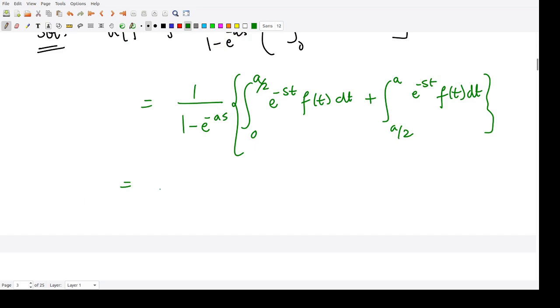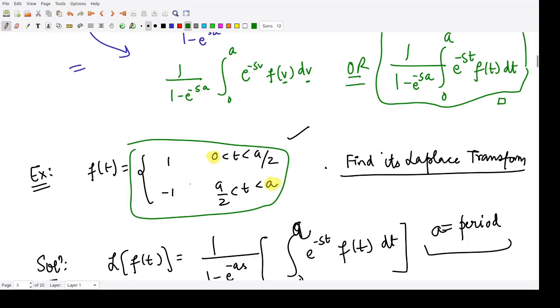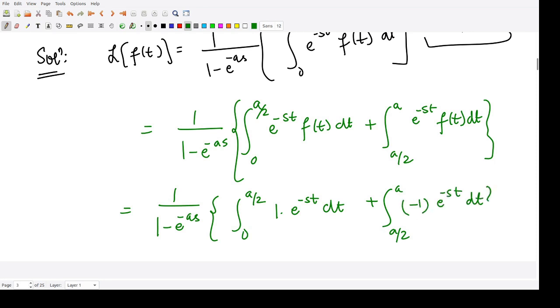So we could solve this: 1 upon 1 minus e to the power minus as. What is the value of the function defined between 0 and a by 2? Its value is given to be 1 here, so it would be integration 0 to a by 2 of 1 into e to the power minus st dt, and then we have integration a by 2 to a of minus 1 into e to the power minus st dt.